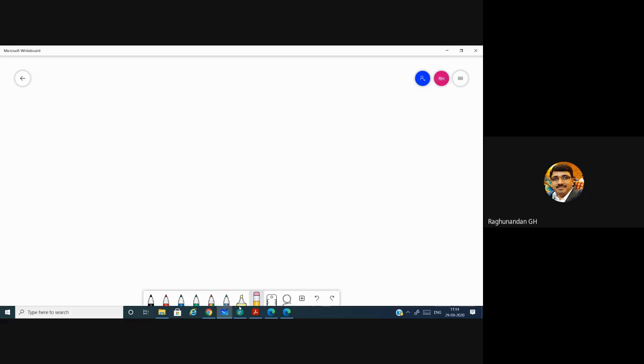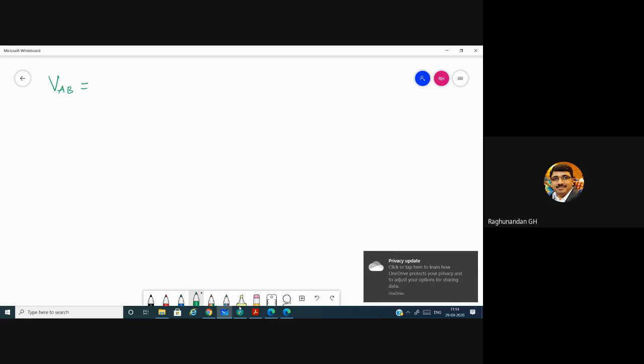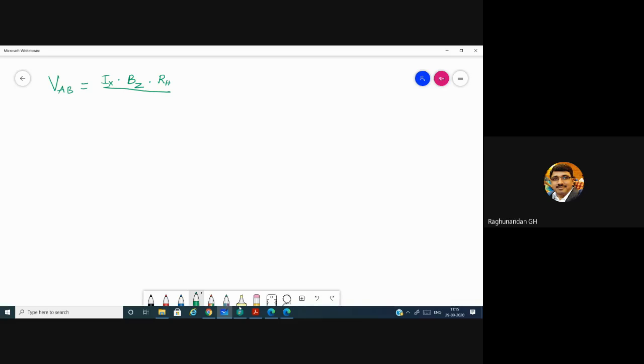VAB is the symbol which we are going to use. So for VAB, what is the formula we are having? Ix into Bz into RH divided by T. Okay.